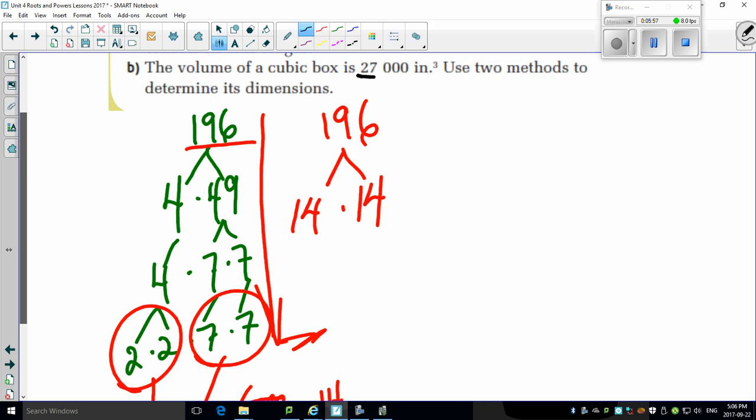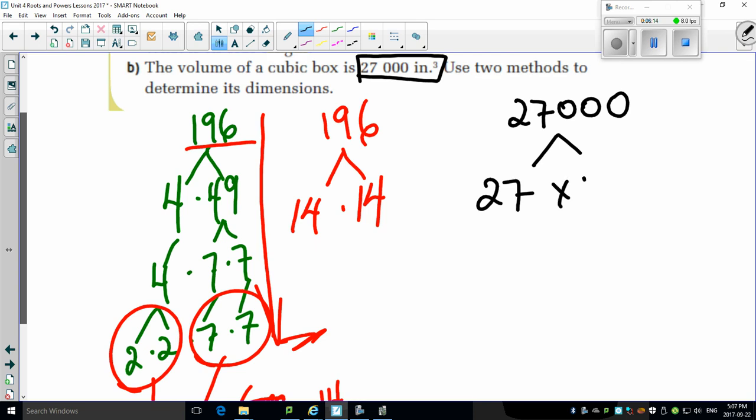Look at this guy. Here's a cubic box of 27,000 inches cubed. And you're probably going, oh my goodness, he's going to do a factor tree for that? Check out how easy this factor tree is going to be. I know that's 27 times 1,000. And I know that 27 is 3 times 3 times 3.